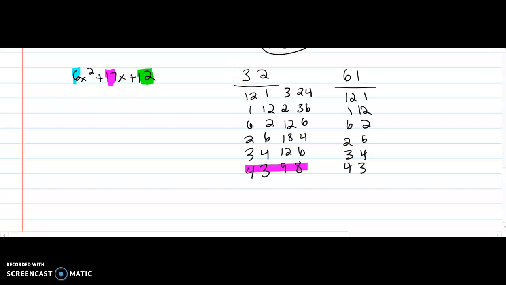Remember, we write our answers. So then our final answer is 3x plus 9, or plus 4. And then 3 or 2x. That's fair.